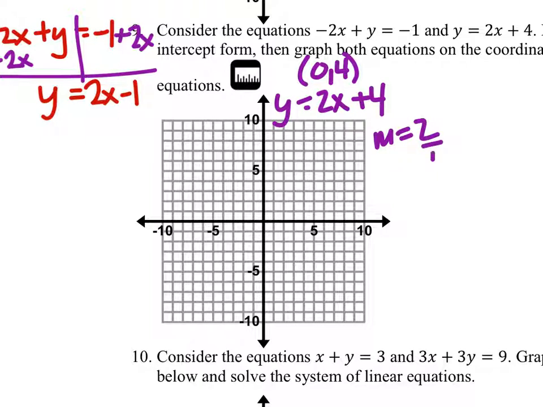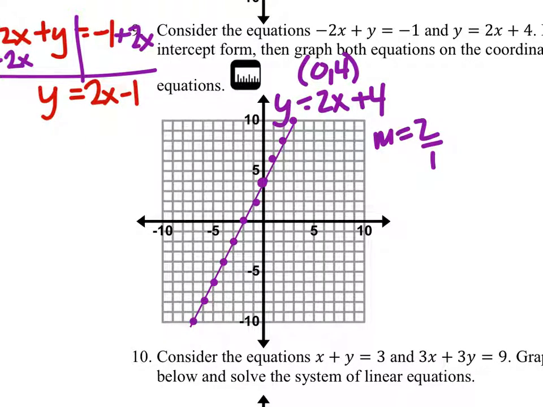I'll make that 2 over 1. So (0, 4) is right here. And then I'll go up 2 to the right 1 and continue that pattern. And then I can go backwards as well. Alright, then I'll connect these points with a line. That's very nice.